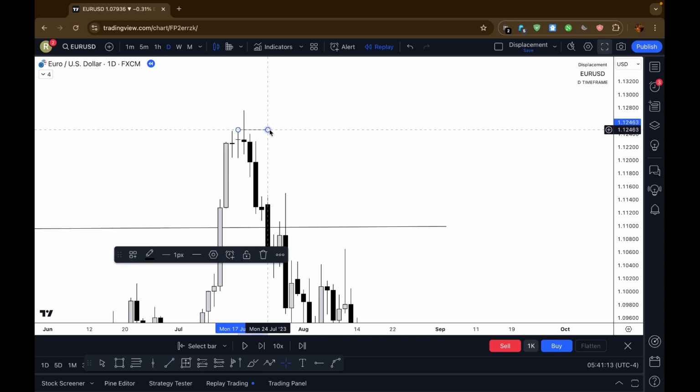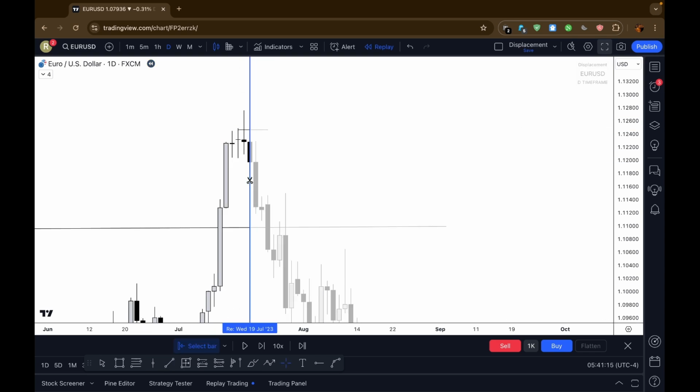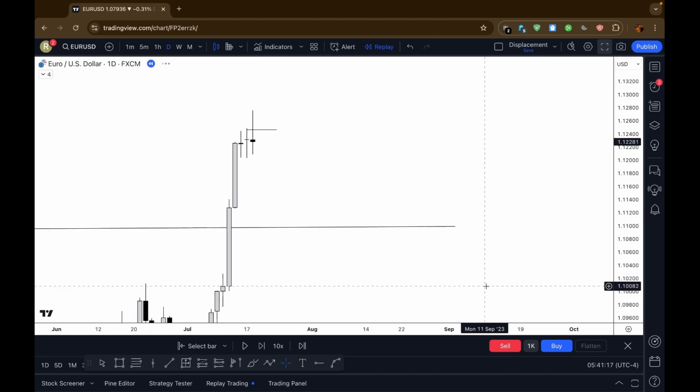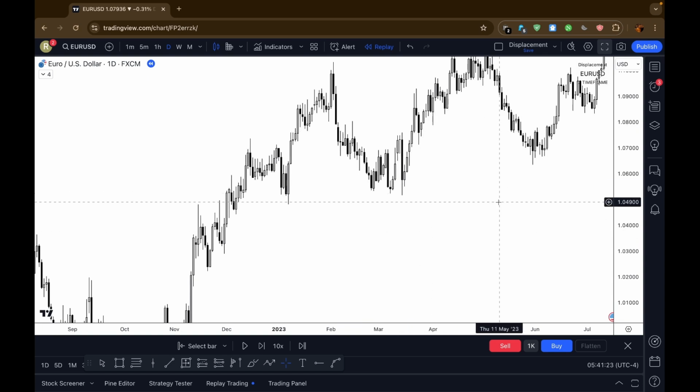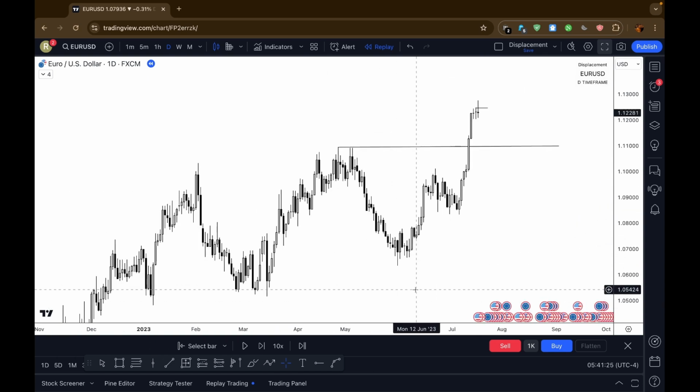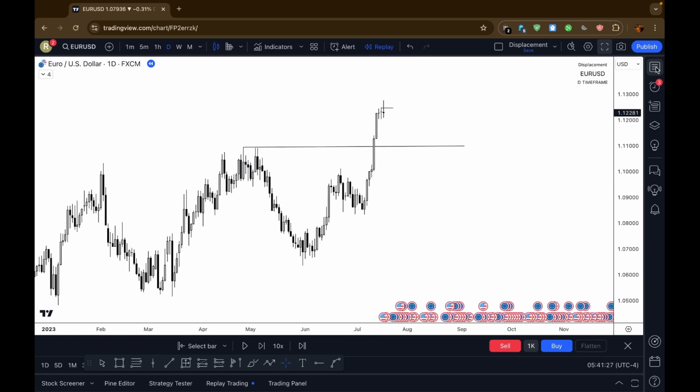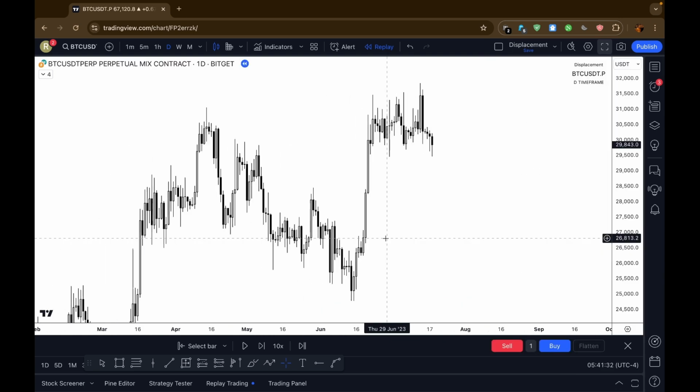That is an extremely high probability CRT you can trade. CRT forming at around the highs, or at the highs, not anywhere inside the trend. You have to look for it at the highs and at the lows, right? Let me go to any other pair.